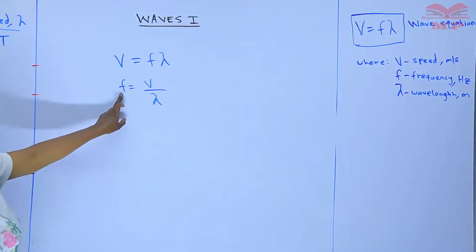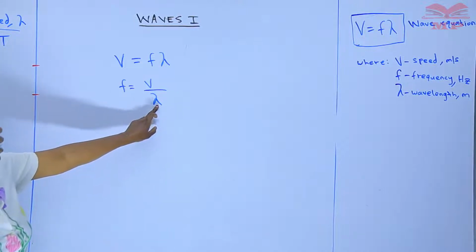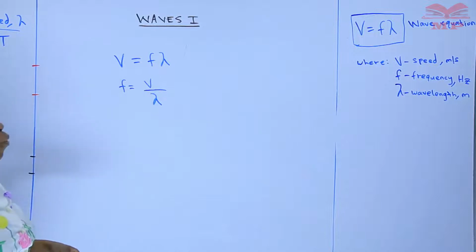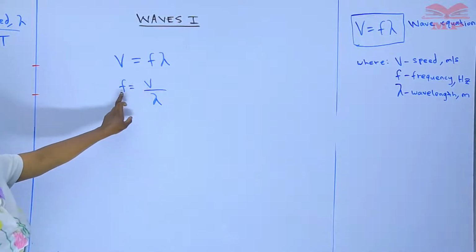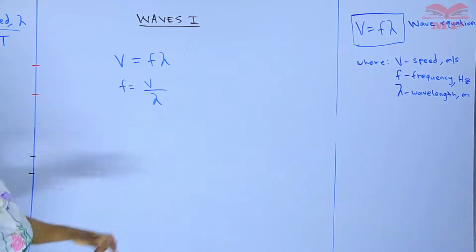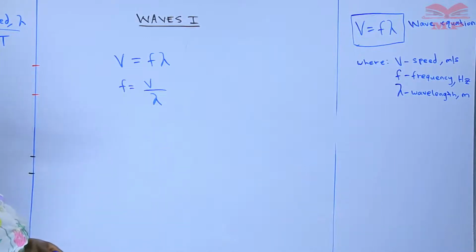An increase in the frequency will lead to a decrease in the wavelength, because the speed of the wave in a given medium is constant. So if this is constant, then if the frequency increases, the wavelength will decrease, and vice versa.